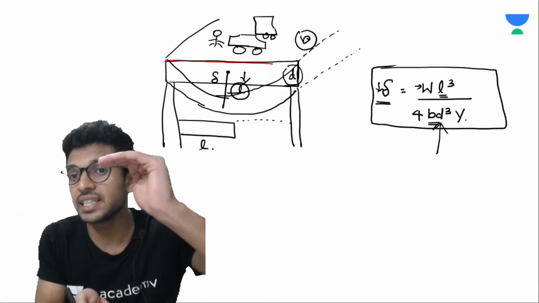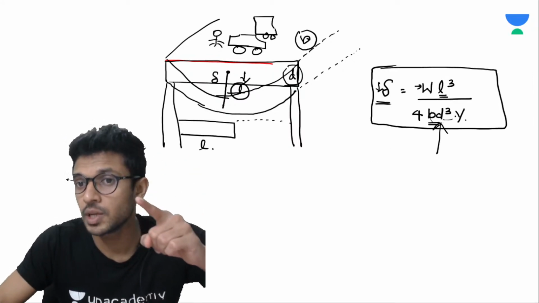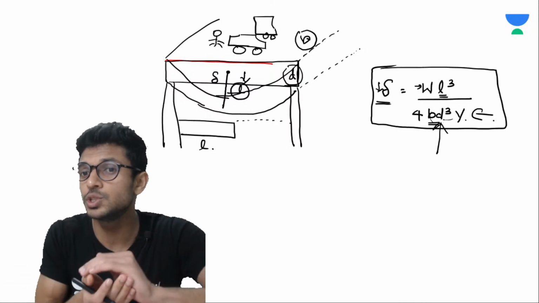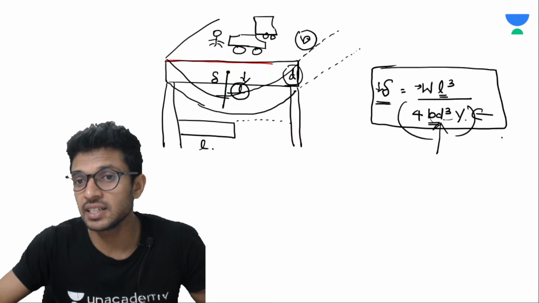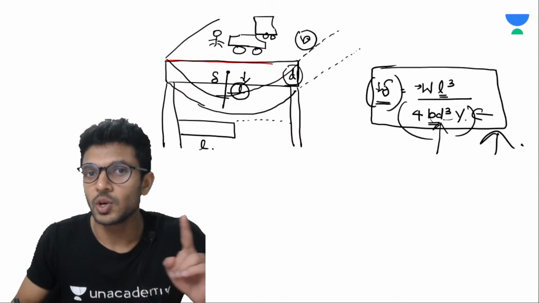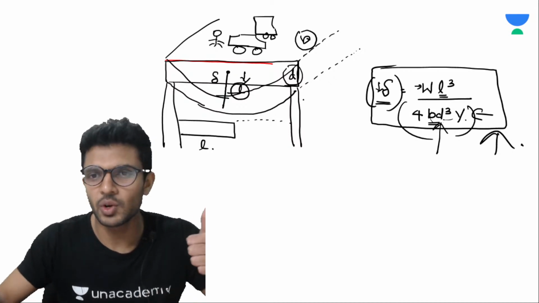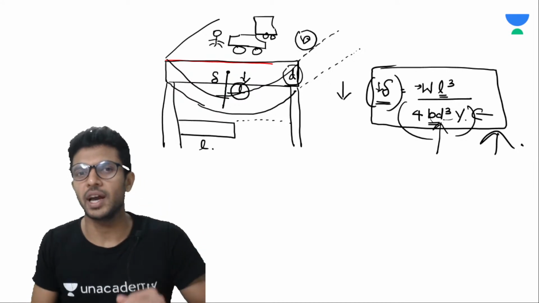Because the depth in the equation is cubed, so this will make a very huge increase in the denominator. If the denominator increases to a very high value, what will happen to our deflection? It will be reduced to a very small value.